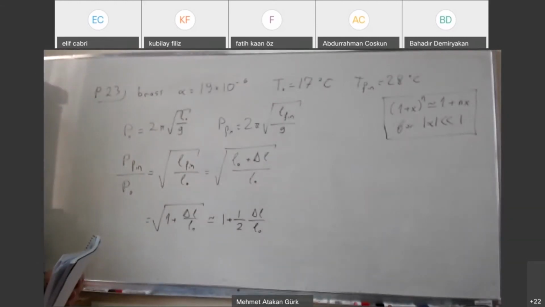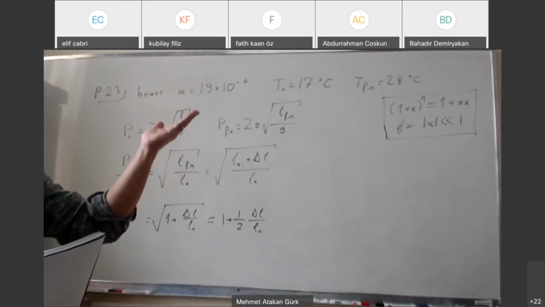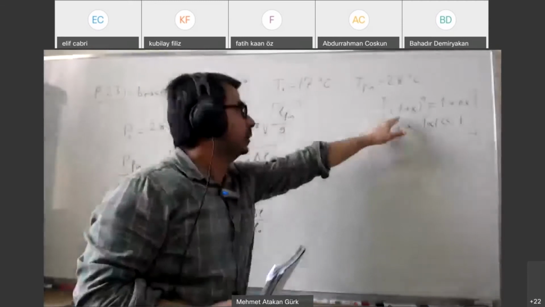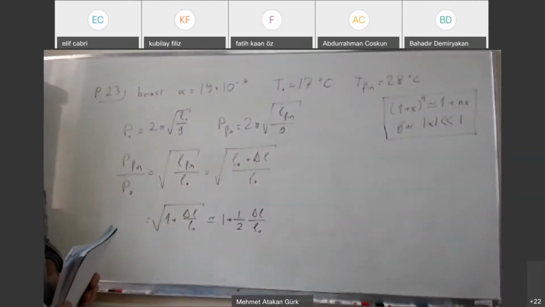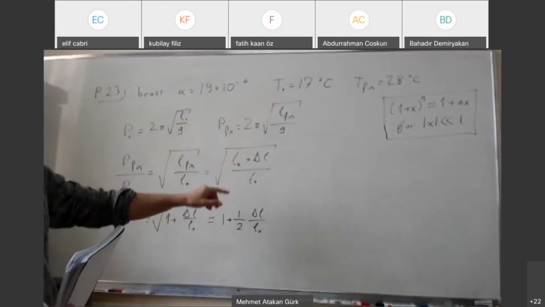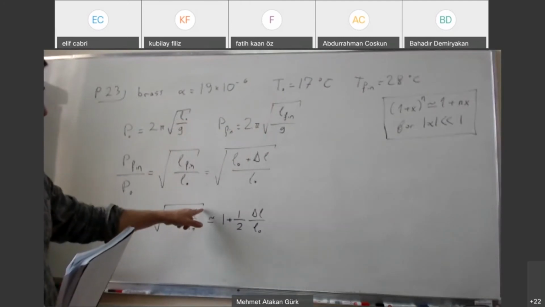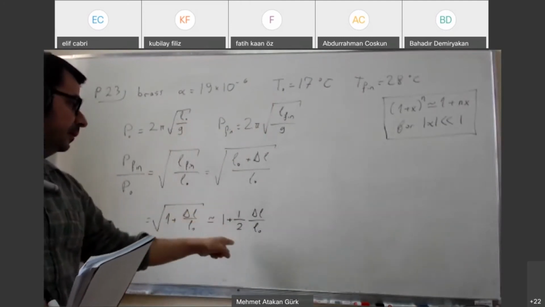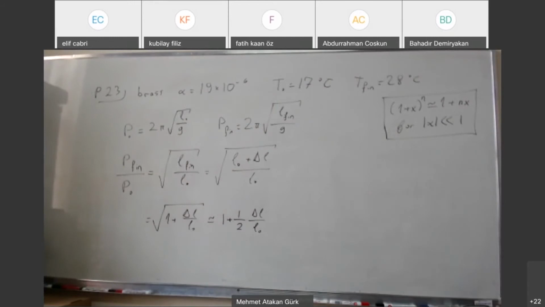The first term looks like n times x, the second is n times n minus 1 over 2 times x squared, and so forth. But here the exponent is just a half, so the half comes to the front, and we get this approximation. And that delta L is something we know.